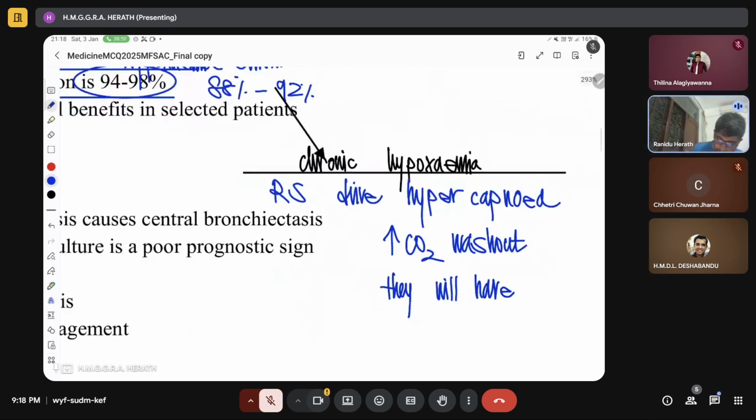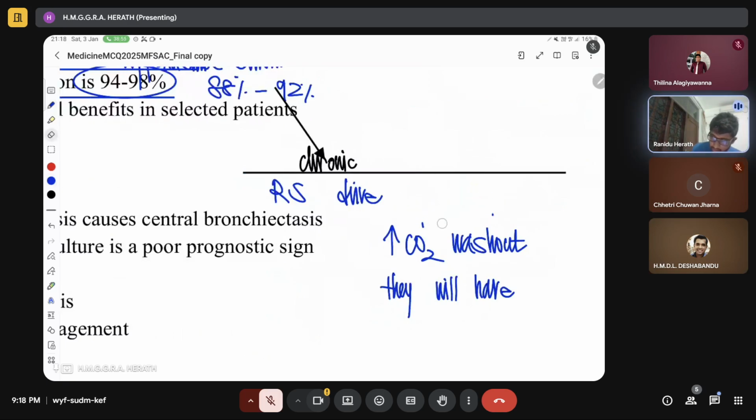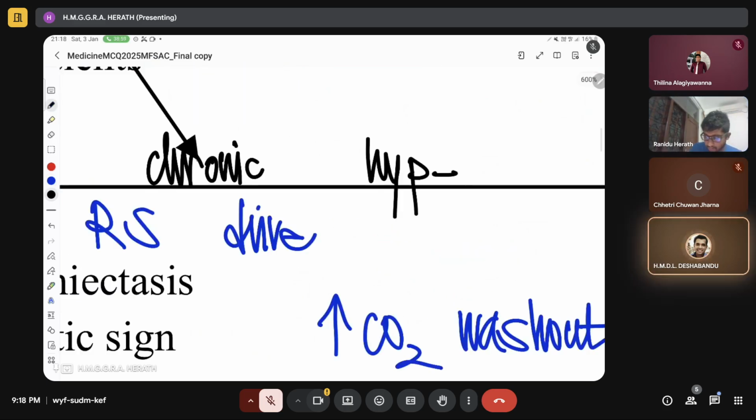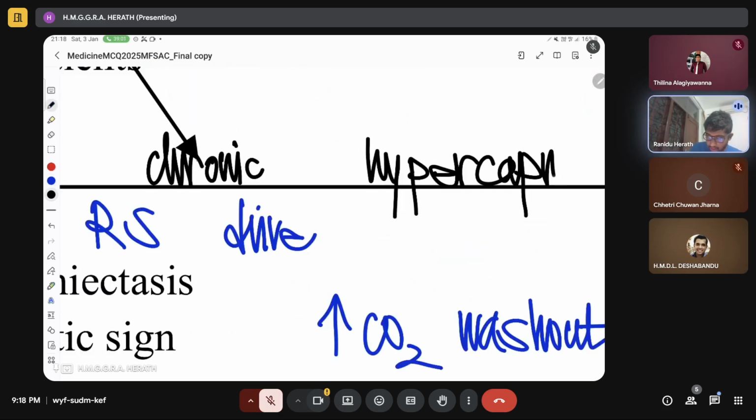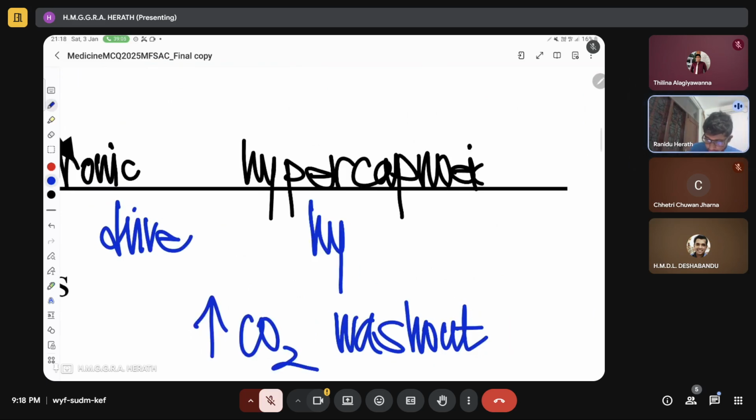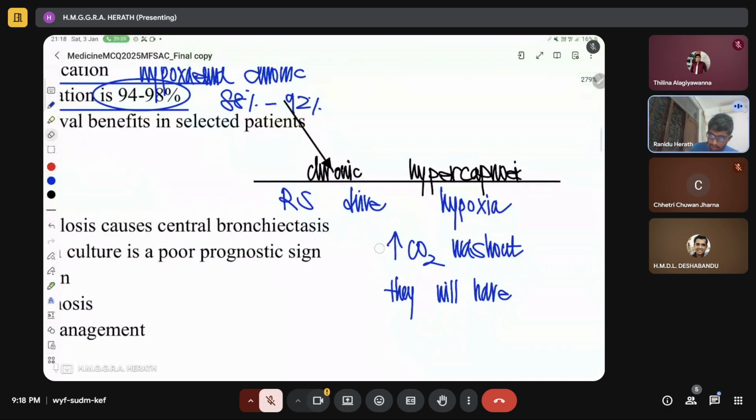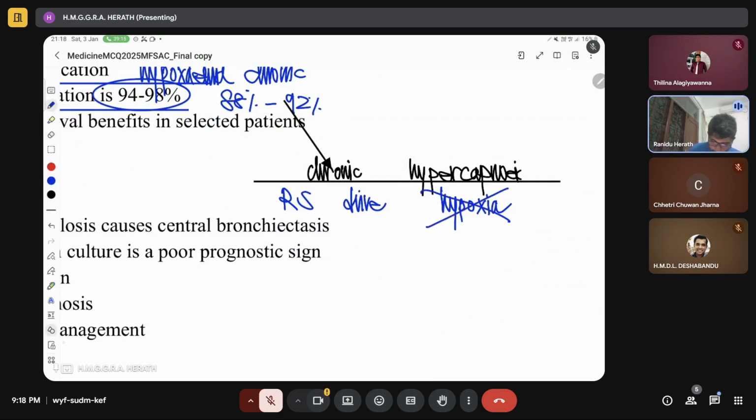Sorry, usually COPD patients are chronically hypercapnic, so they have hypoxia as the respiratory drive. So when the oxygenation actually improves the saturation, what will happen? This hypoxic drive will be gone. So they will not breathe. Because of that, everything will worsen because the respiratory drive will not work in these patients.